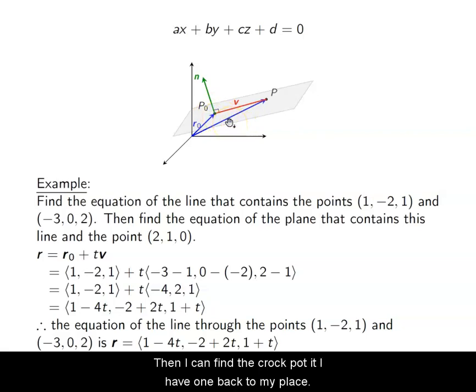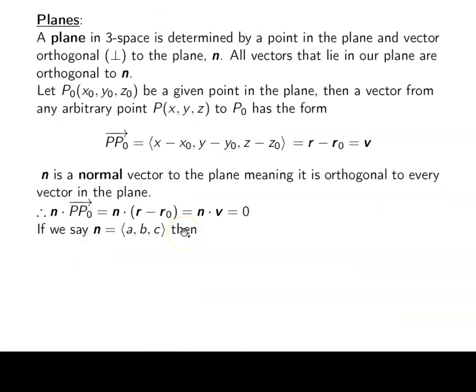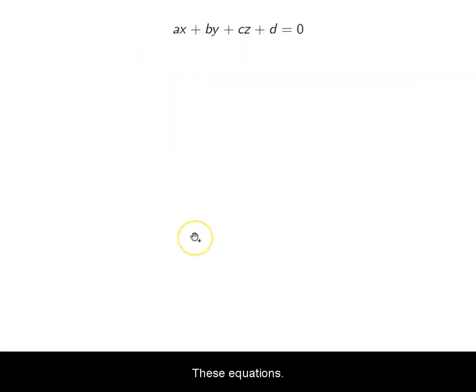Then I can find the cross product. I have one vector in my plane, which is from 1, -2, 1 to -3, 0, 2, that V vector, this -4, 2, 1. Then from this point to this point, I can find another vector, take the cross product of those two vectors, and I will have my normal vector. And then I can go through all this stuff that I did over here with the dot product and these equations.